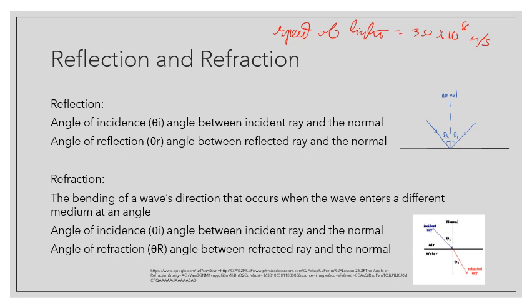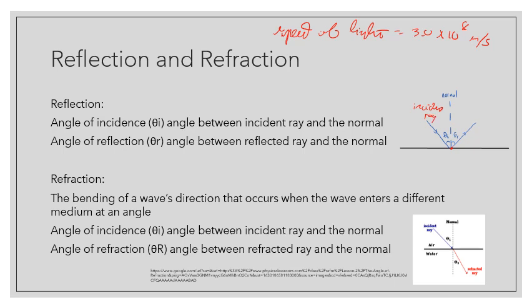So let's go on to reflection. Reflection is when a wave, in this case a light wave, hits the surface and bounces back. The normal is a line perpendicular to the point of contact with the other surface. The angle of incidence is the angle between the incident ray and the normal.